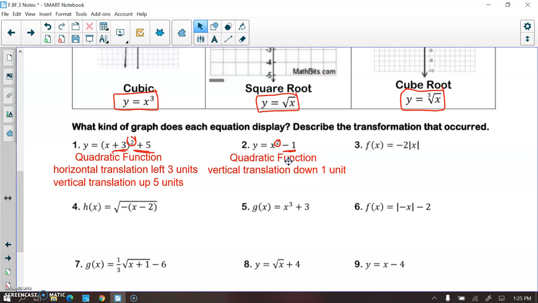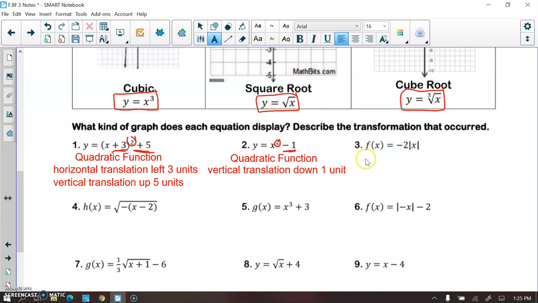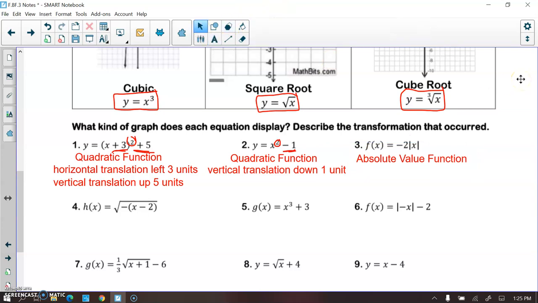All right. And then number 3, since you see those absolute value symbols, that means that this is an absolute value function. And there are 2 things that happened here. I have a negative on the outside of my function, so that means that was a reflection over the x-axis.